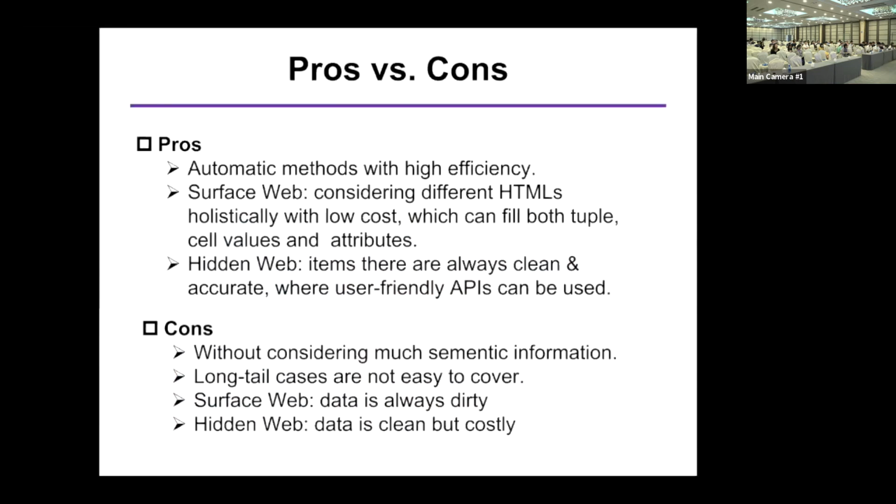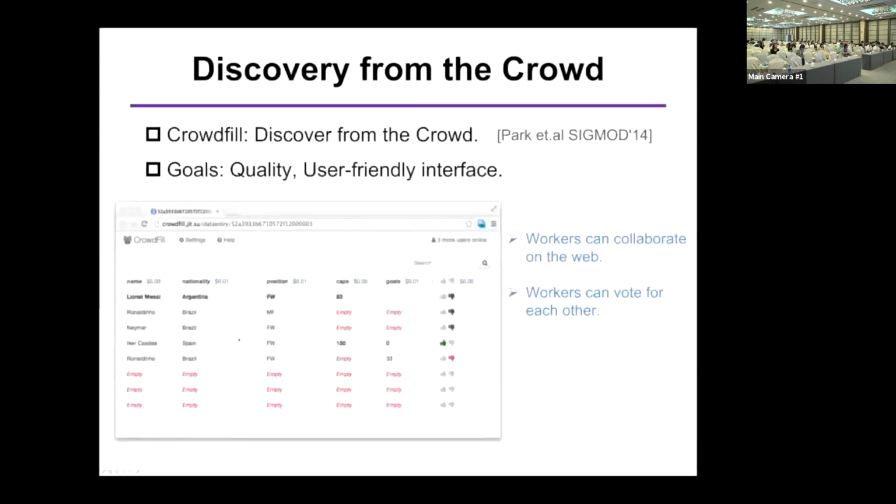And the hidden web is always clean and accurate, where user-friendly APIs can be used. And the cons are as follows. These methods do not consider much semantic information, and long-tail cases are not easy to cover. For the surface web, the data is always dirty, and for the hidden web, the data is clean but costly.